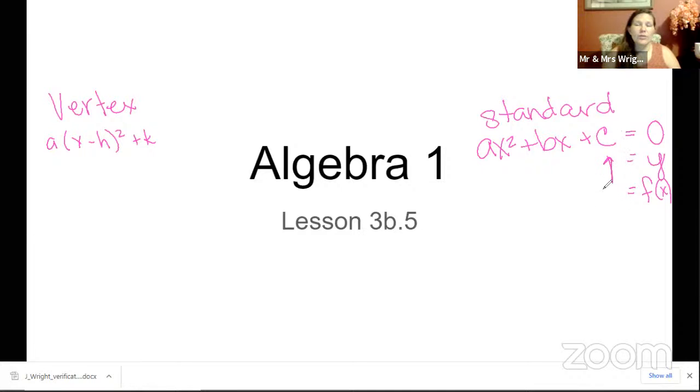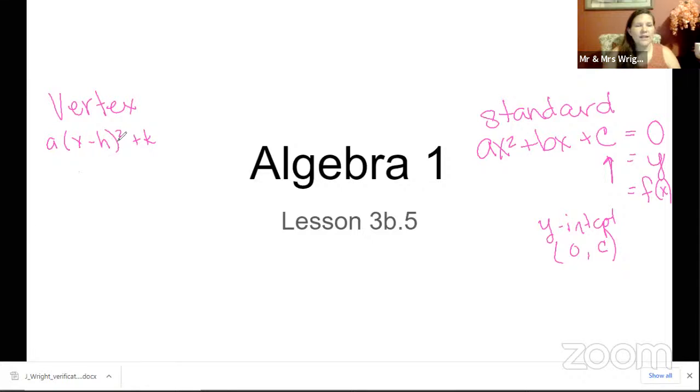So when you have an ordered pair for the y-intercept, you're going to have 0, something, and whatever that something is found in the c location. That's your y-intercept, right? And then we use a, b, and c in the quadratic formula in order to solve some of the quadratic equations. So that's what standard form is used for most of the time. It's very useful. Vertex form is also very useful, but for different reasons.